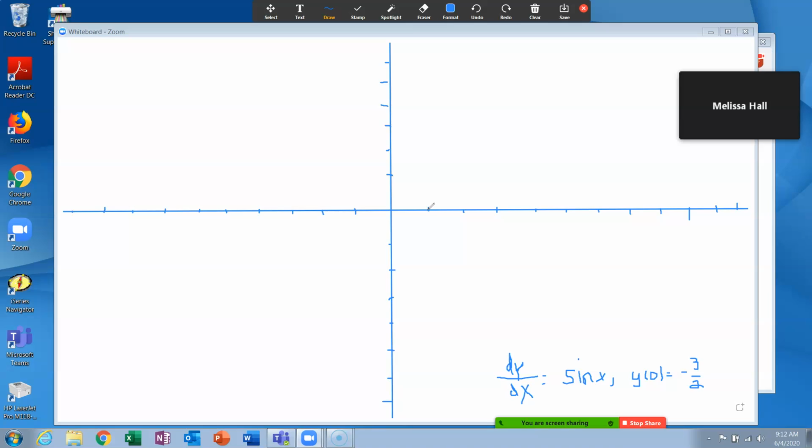What is the x? What's the slope? What is sine of pi? Anybody? 1. No. Sine of pi halves is 1. Sine of pi is? 0. Okay. Well, guess what, team? At all of the n pi's, your slope is 0.